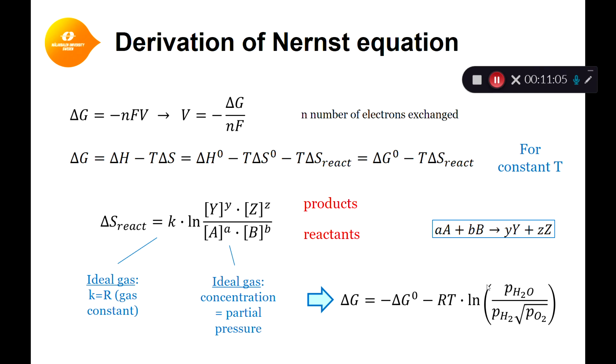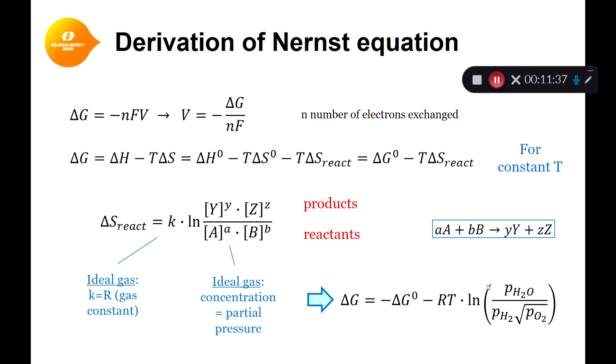It's a function of the concentration of products and reactants. Now, because we have made the assumption of ideal gas, this constant is actually the gas constant, R. And the concentration can be replaced by the partial pressures of the products and reactants, which simplifies this formula. And we get to the final formula that is here, in which we see this term with the temperature and pressure.